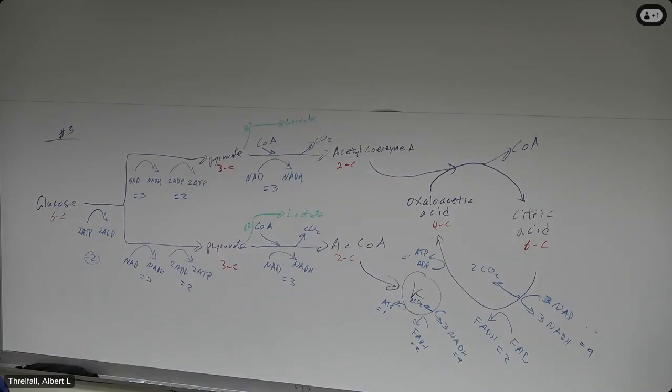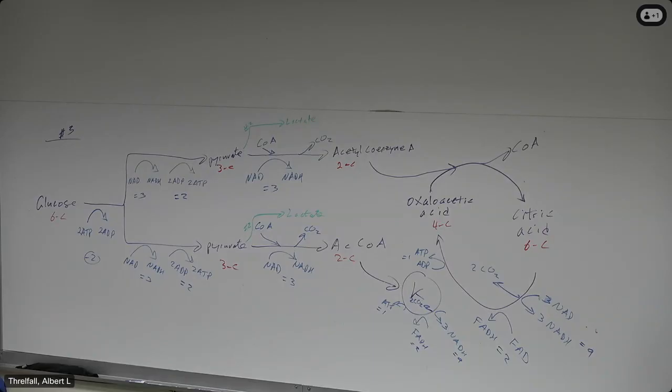Nicotinamide adenine dinucleotide. Spell it phonetically if you need to. Nicotinamide adenine dinucleotide. What vitamin? It's a B vitamin. Anybody know what B vitamin that comes from? The first word is the hint. Nicotinamide.